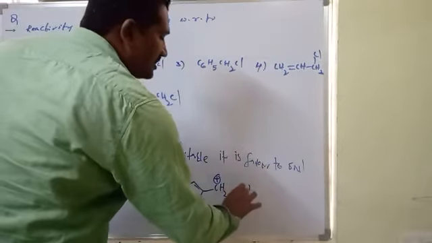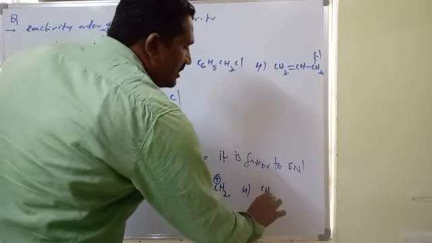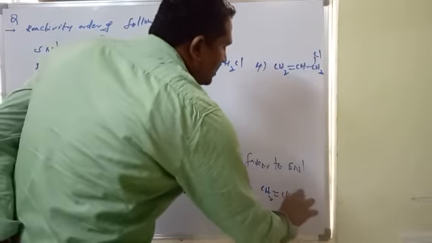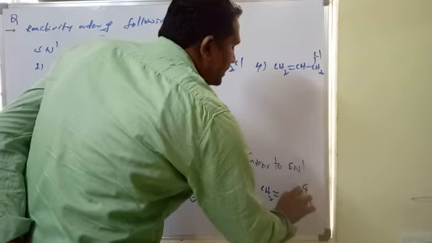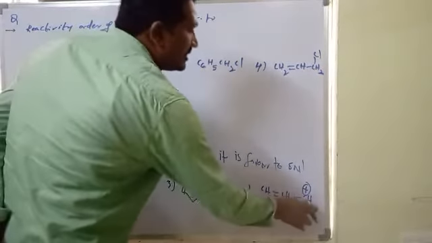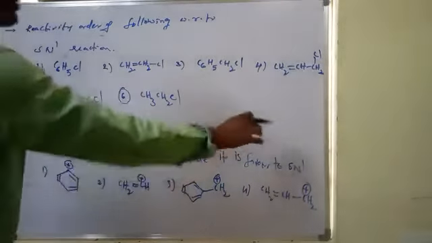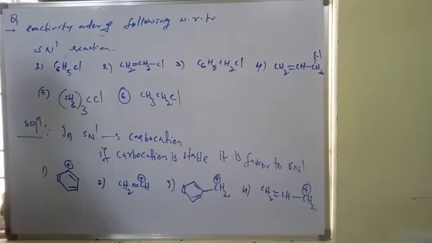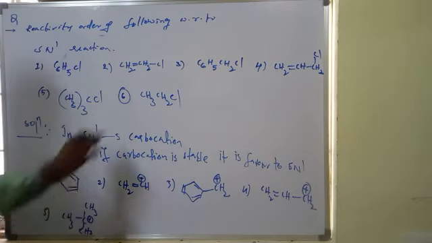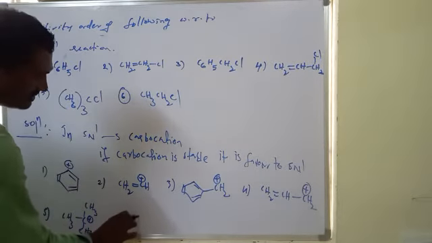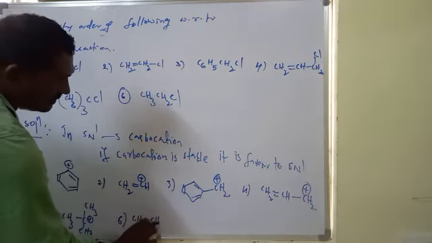Next, the fourth option is the allyl carbocation: next to the C=C double bond, the next carbon is positive. Fifth one is the tertiary butyl carbocation. Sixth one is the ethyl carbocation.